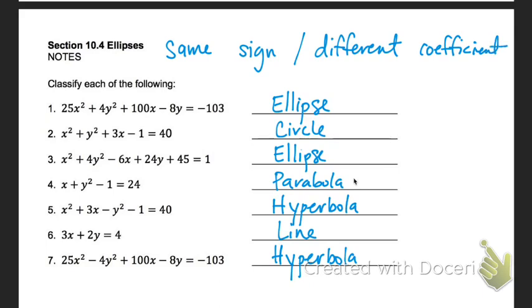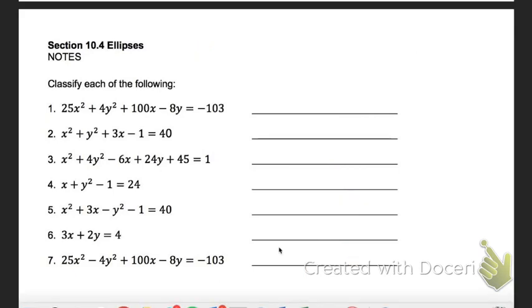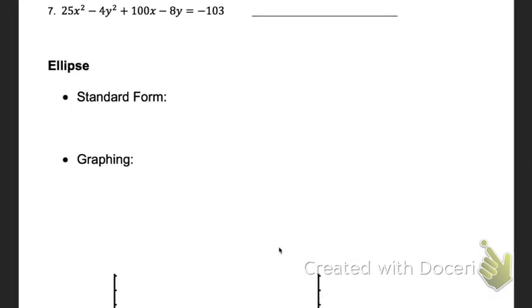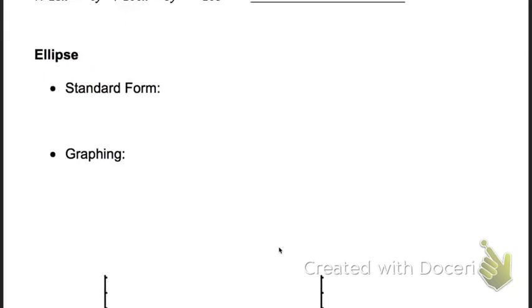So the standard form for an ellipse, I'm going to write it down here. I thought the coefficient included the sign in front of it. It does. So it has to be the same sign. Like they both have to be positive or they both have to be negative, but they have to be different numbers. Because if they were the same number, then they would be a circle.